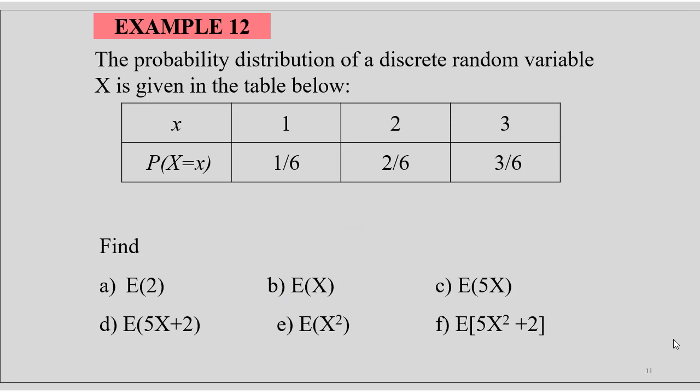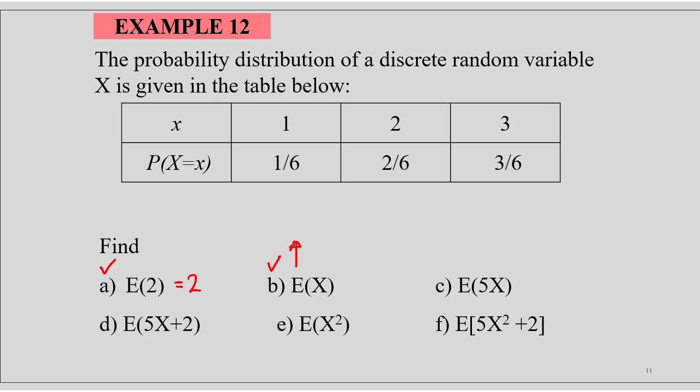Now we proceed to example 12, which is finding expected values where the function consists of the constant 2, the variable X, 5X, 5X plus 2, X squared, and also 5X squared plus 2. When you get this question, the most important thing is to figure out parts A and B. For part A, we know that E(2) is equal to 2.